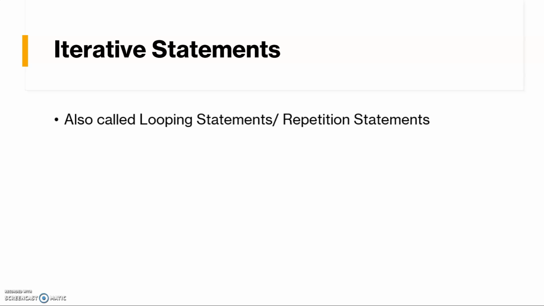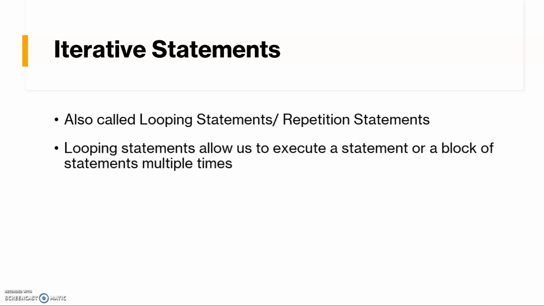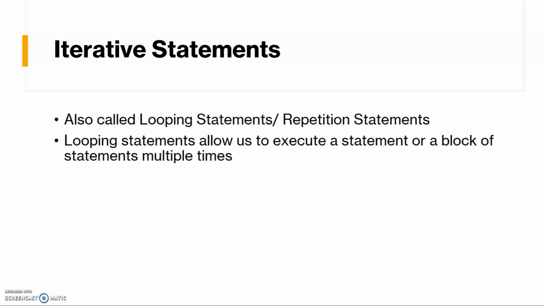In this category what happens is, it will check one condition and after evaluating that condition you will be either getting true or false, and if the condition is true the statements will be executed, and after executing the statement it will not terminate the loop there, again it will go back to that condition and it will check that. So the looping statements will execute a block of statements or a single statement multiple times until the condition becomes false.